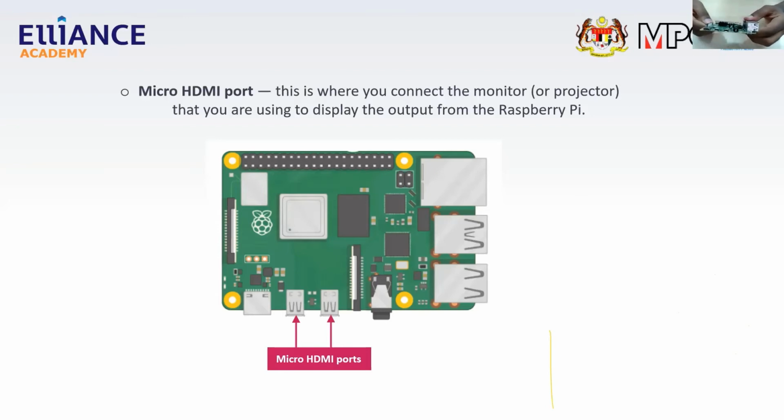If you look at the Raspberry Pi 1, 2, and 3, the port is bigger, the same size as the one we plug into our normal computer. The latest one is a newer version, and it comes with two HDMI ports, so we are able to connect to two different monitors. The first one is HDMI 0, and the second one is HDMI 1.